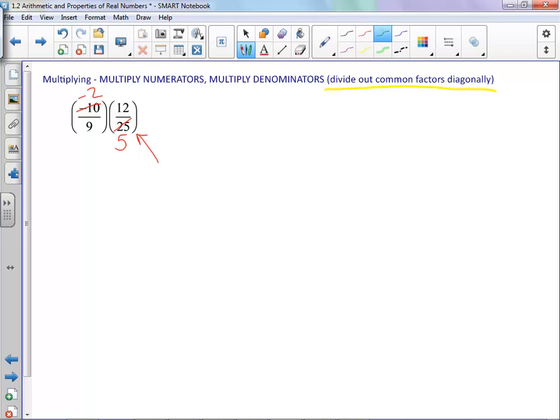Along the other diagonal, we can divide a 3 out from both, so 9 divided by 3 is 3. 12 divided by 3 is 4. Now nothing else is going to divide out, so we now just multiply across. So negative 8 over 15. Key thing, once everything's divided out that can be, you just multiply across.